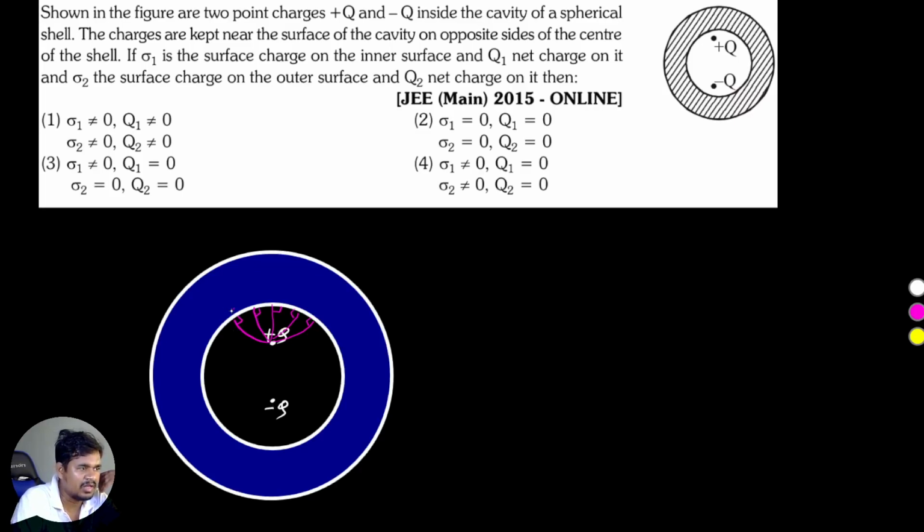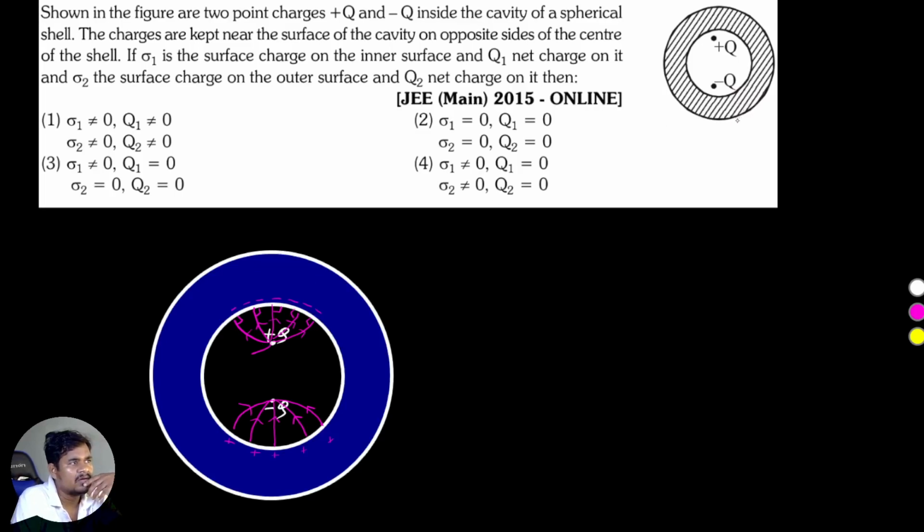This is positive, so here there will be some amount of negative charge, and similarly for this one, because of the negative charge the field will be towards it, like this way. So there will be positive charge on it, and yes, the field will be there.